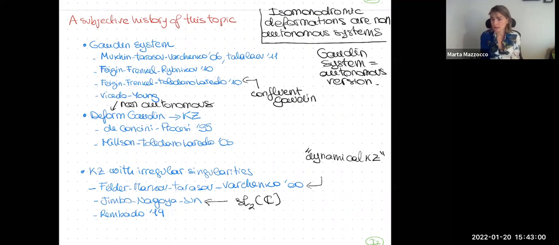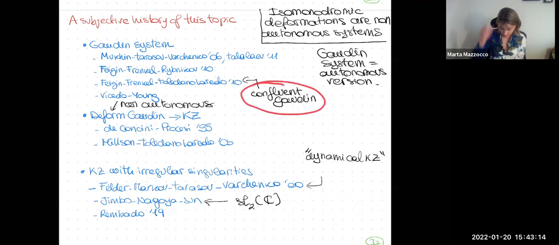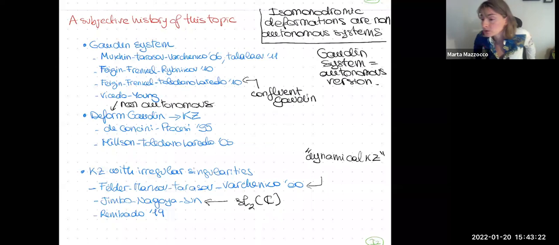So it appears that dealing with many singularities and allowing any order of these poles has never been done, and maybe the closest result is the one by Feigin, Frenkel, Toledano Laredo, but they never actually managed to deform the Gaudin system to obtain a non-autonomous system. So that's what I'm going to present today.